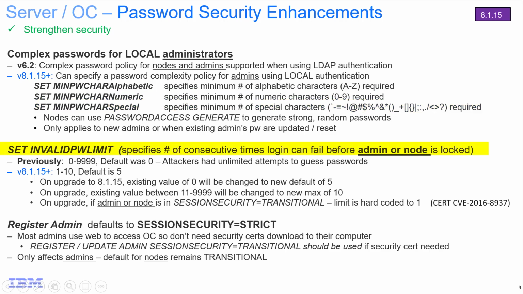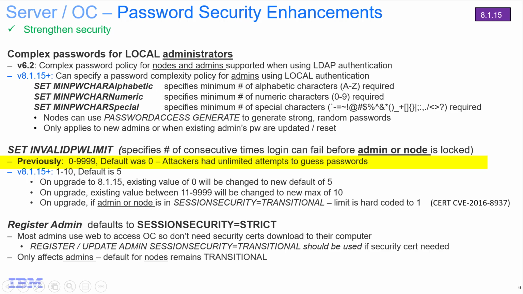I'll then show you the set invalid password limit, and how it has now been changed to 1 to 10. Previously, you could set 0 to 9,999 invalid logon attempts before an administrator or node was locked out, and the default was 0.